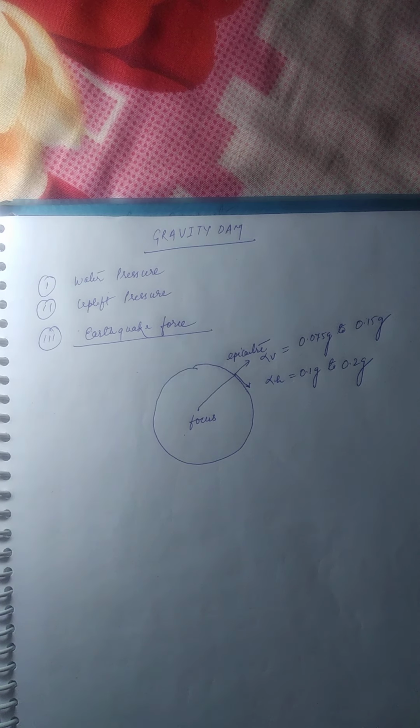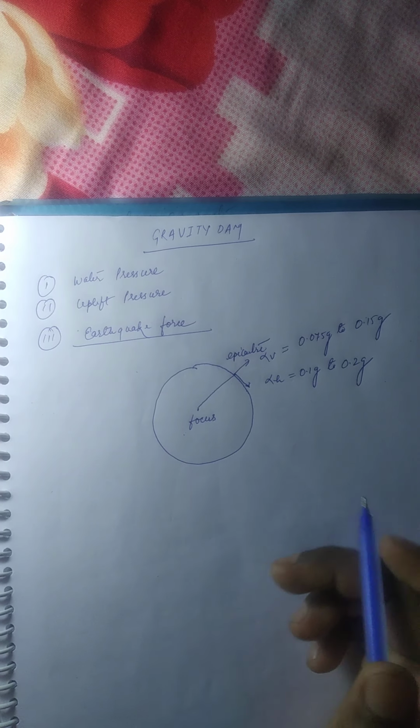So this acceleration, whether vertical or horizontal, we can understand through its derivation. Let's see one by one. Let us first consider the horizontal acceleration. By the horizontal acceleration, we can also compare the vertical acceleration.